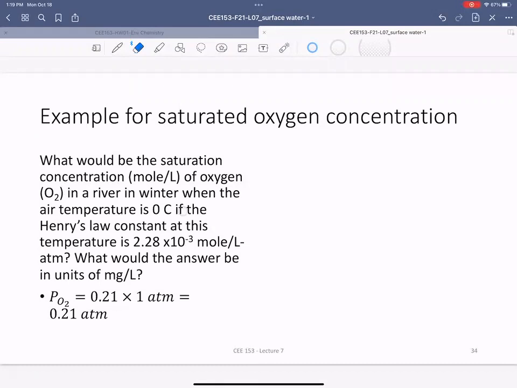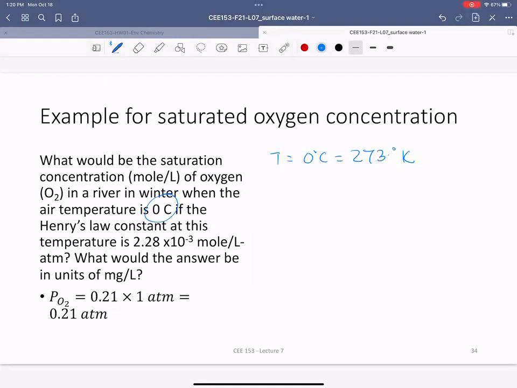So the temperature is given: 0 degrees Celsius, that's roughly 273 degrees Kelvin.